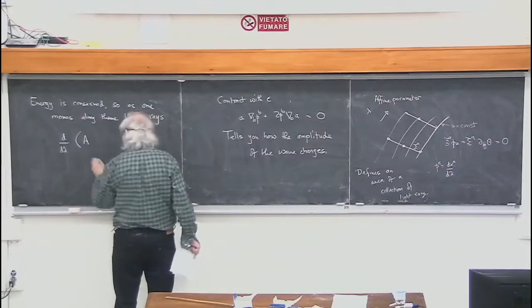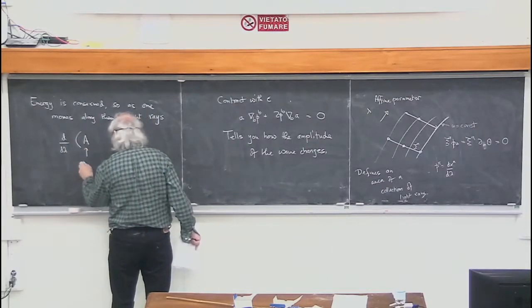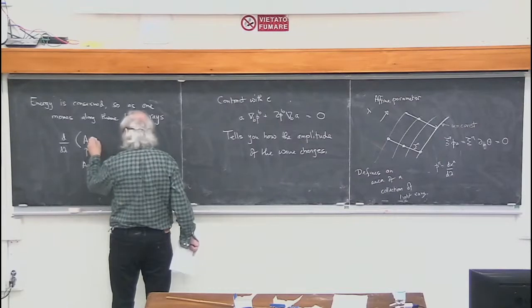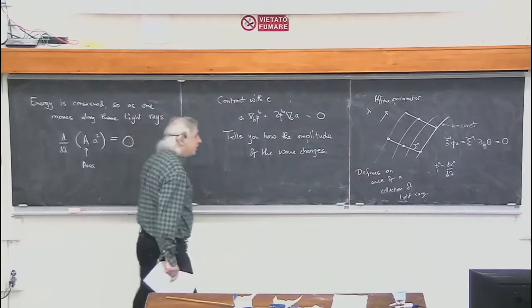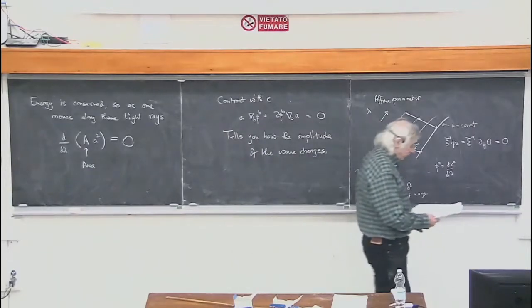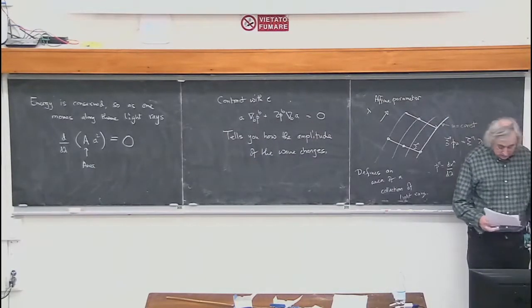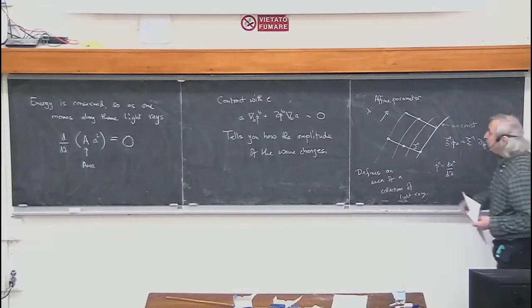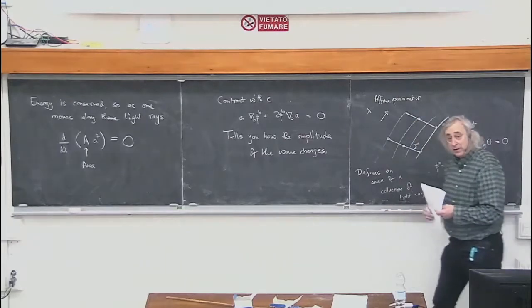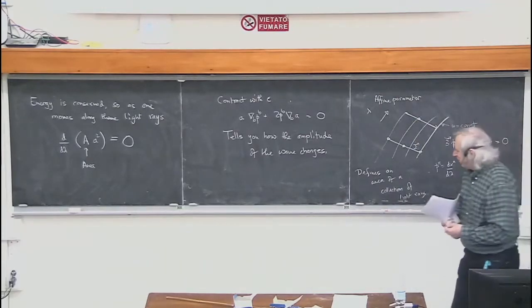The area A of this collection of light rays times little a squared must be constant. So d by d lambda of A times a squared is equal to 0. Now what we need to do is to use this equation, and it tells us about how the area of the light rays changes.